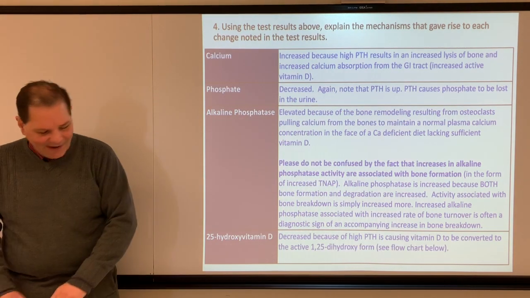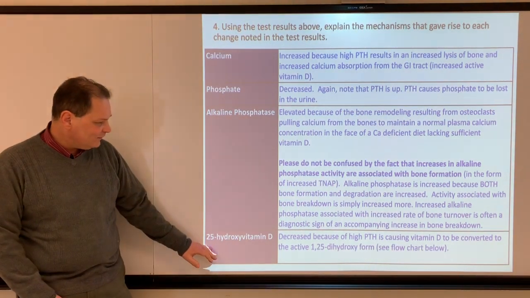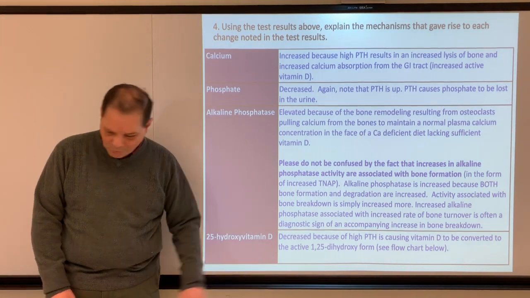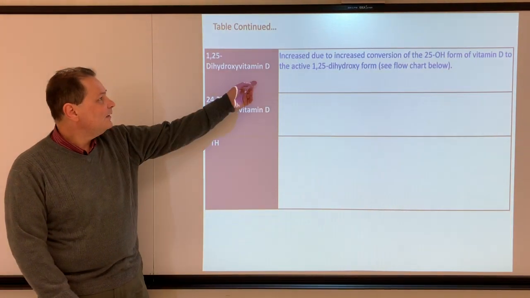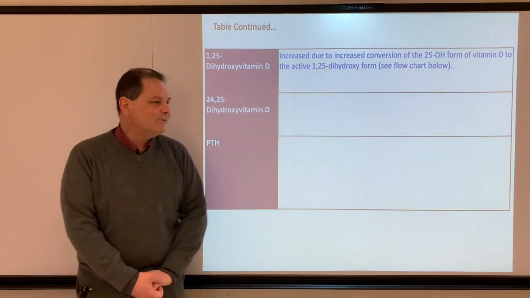And in fact, that is what happens. 25-hydroxy goes down because you're forming more 1,25, and 1,25 goes up because you've stimulated that enzyme with PTH.